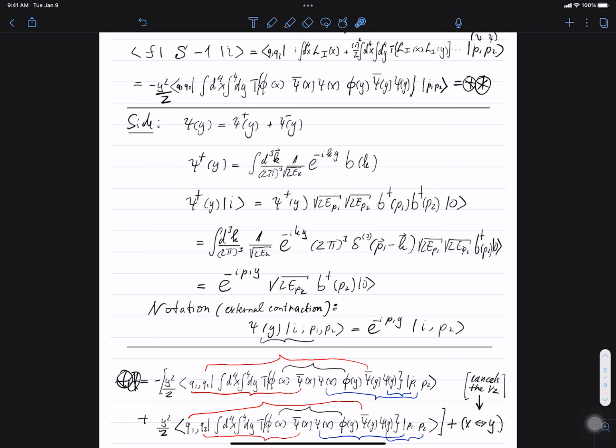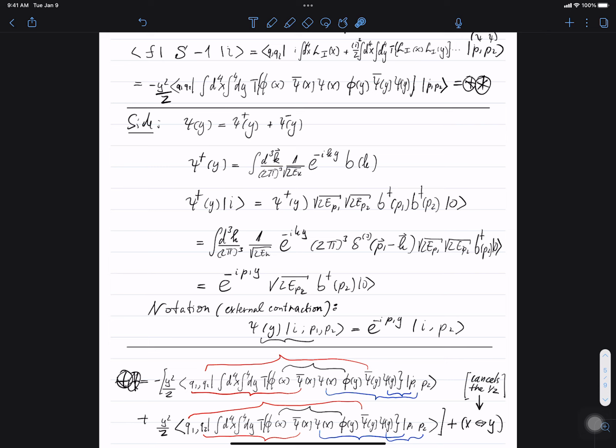Psi plus has this annihilation operator, which we call B, because the annihilators of the particles we call B, and the annihilators of the antiparticles we call C, right?